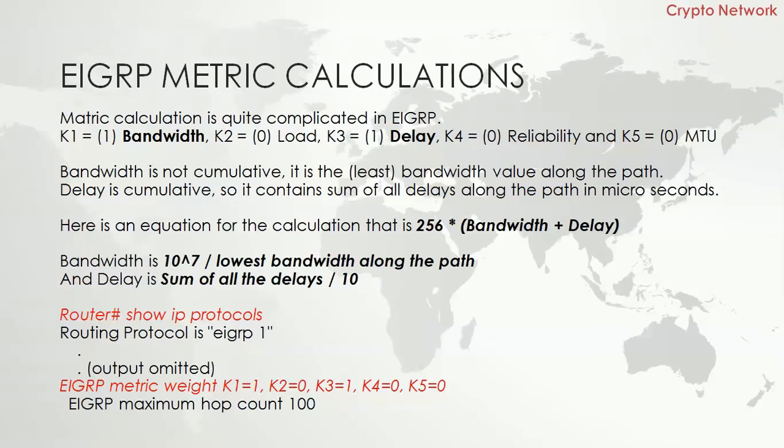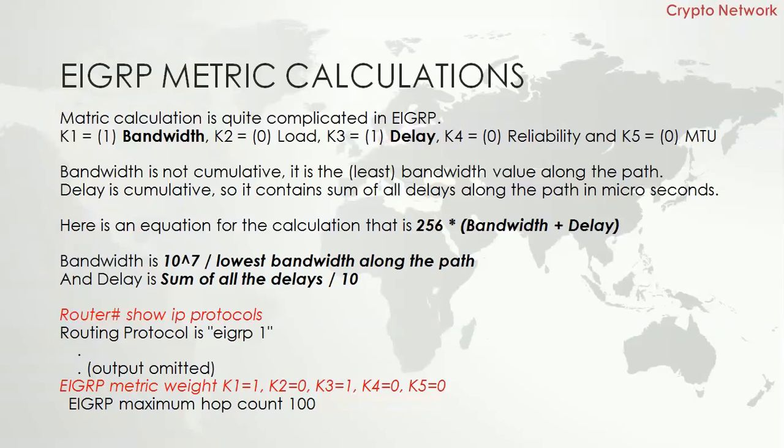So we have K values: K1 bandwidth, K2 load, K3 delay, K4 reliability, and K5 MTU. All right, so by default, the values of K1 and K3 are set to 1, and values of K2, K4, and K5 are set to 0.